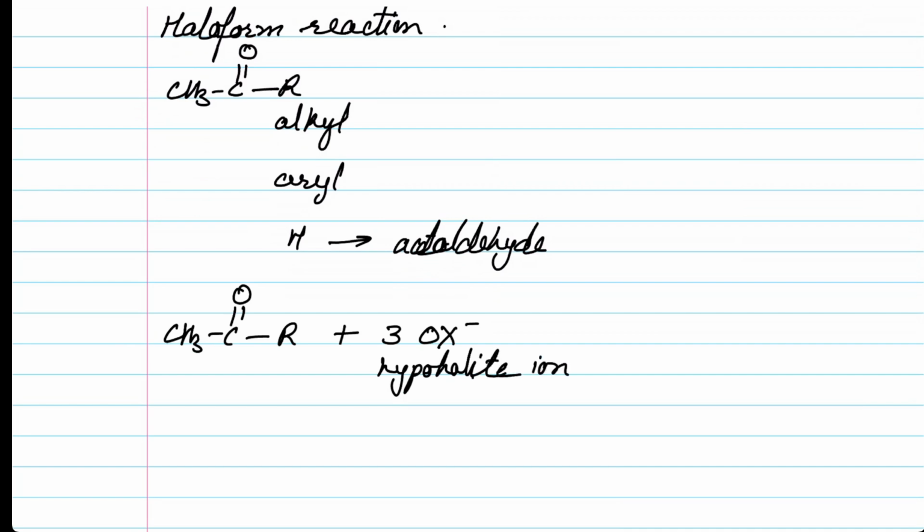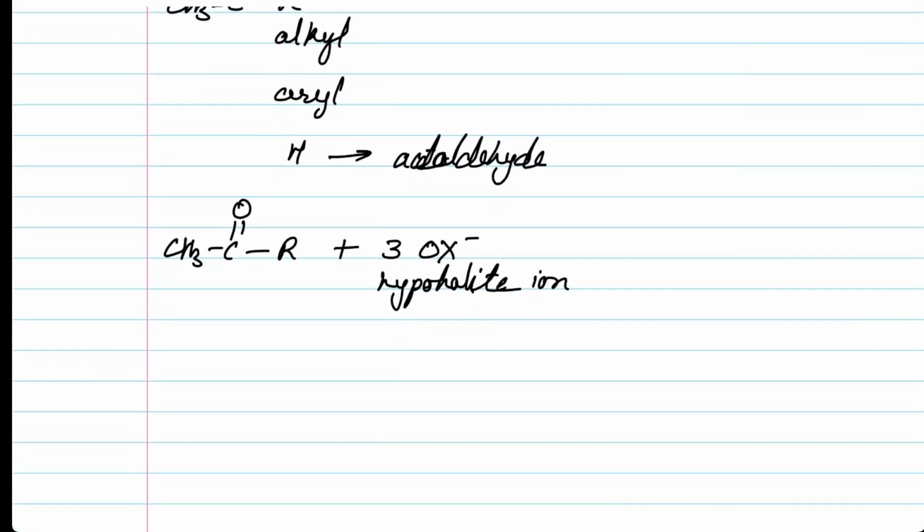Now the question arises, what are the reagents which are capable of giving us the hypohalite ion? The hypohalite ion can be obtained by the reaction of X2 with OH minus. This leads to a disproportionation reaction in which OX minus along with X minus are produced. So this is what we have as a disproportionation reaction.